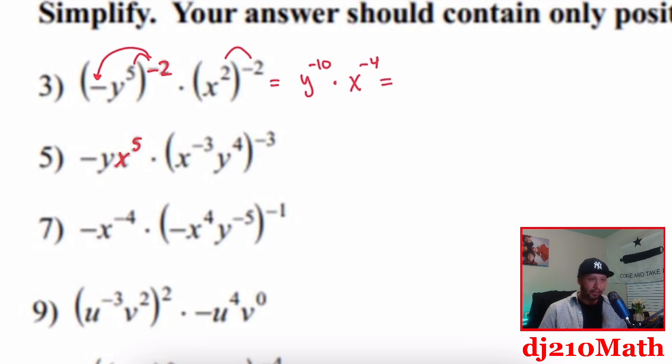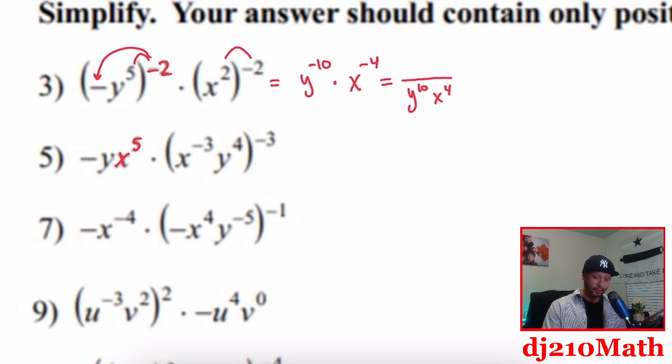The last step is you always clear the negative exponents by moving them either up or down, depending on where they are. Right now, it's implied that they're over 1. You would never see it like that, but it's understood. So the y to the 10th is going to go down, and then x to the 4 is going to go down as well.